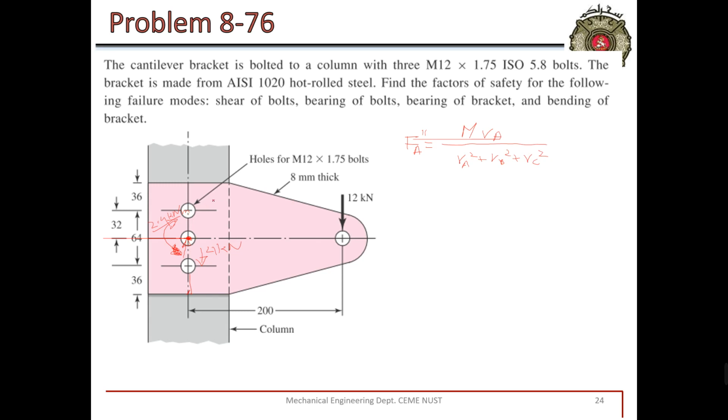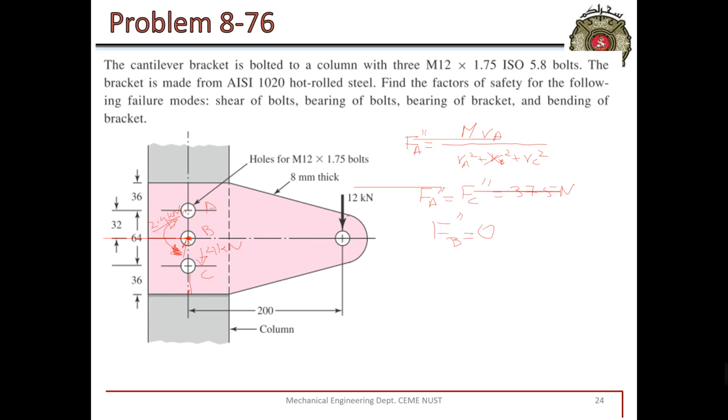Just to mention, this is hole A, this is hole B, and this is hole C. A and C are at the same distance and B is at the centroid, so this term is equal to 0. By solving this equation, we get FA double prime equal to FC double prime, which is equal to 37.5 Newton, and FB double prime is equal to 0.